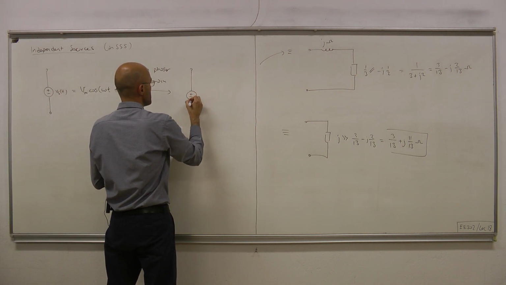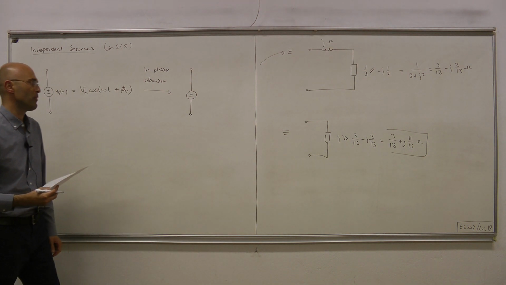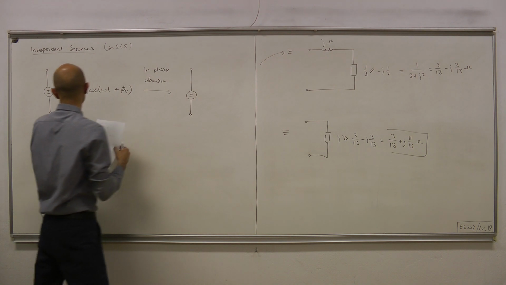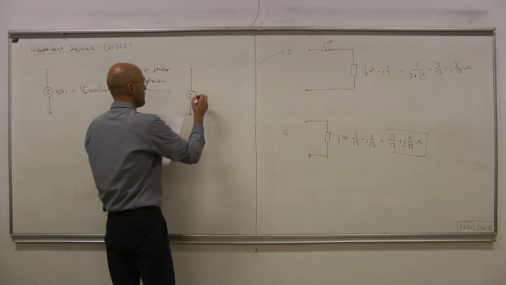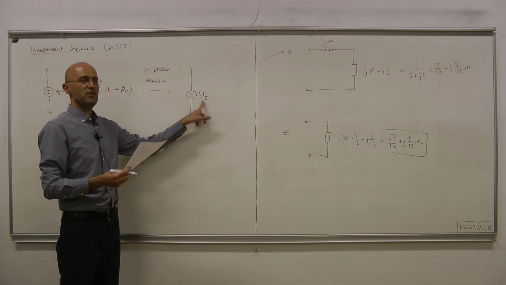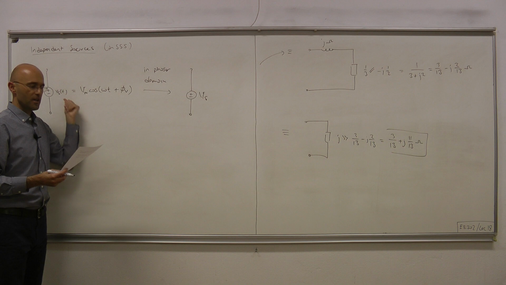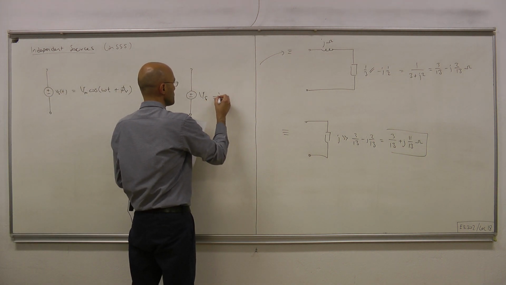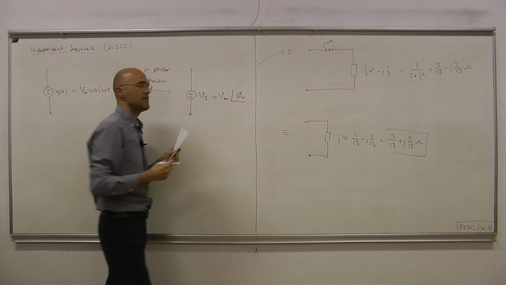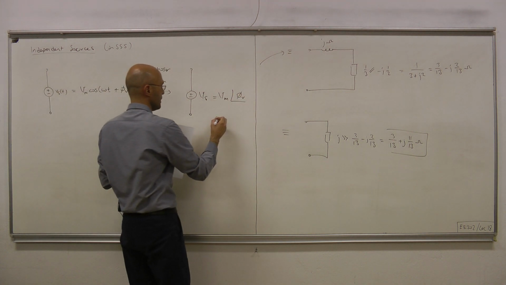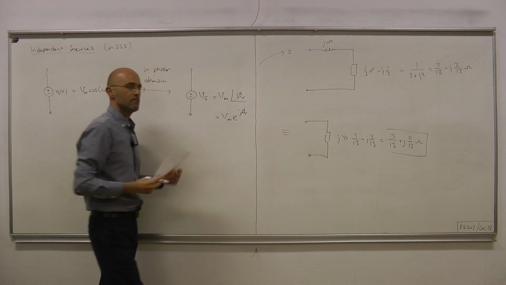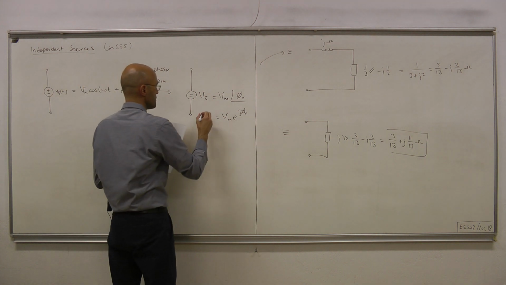When we start drawing phasor domain circuits, we will draw the same picture, and instead of putting Vs of t here, we will have capital Vs, which is the phasor of the sinusoidal signal. Vs equals the magnitude and phase, Vm e to the j phi v, the phasor of Vs of t.